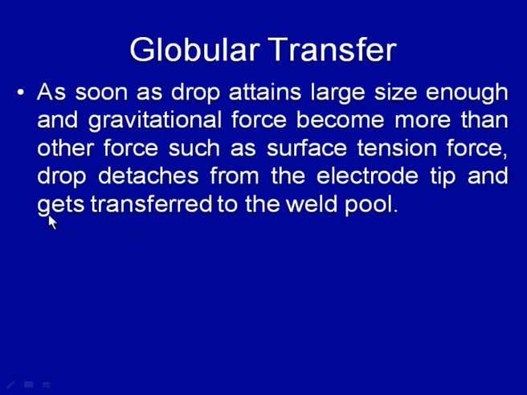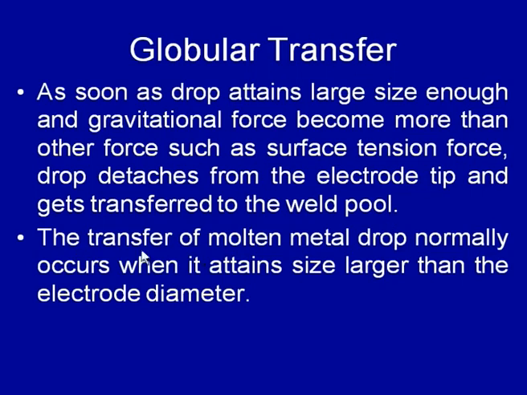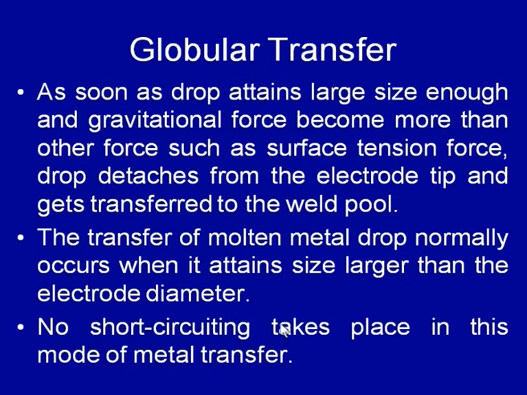If the gravitational force exceeds the other forces resisting the detachment, this molten metal drop gets transferred to the weld pool, and the transfer normally occurs when it attains a size larger than the electrode diameter itself, and in this case no short circuiting takes place in this mode of the metal transfer.